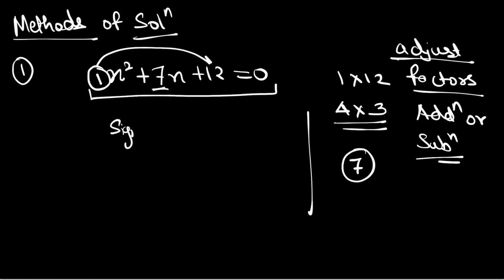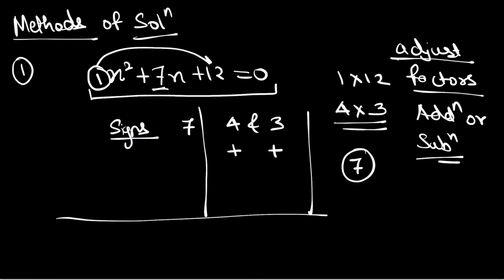So, for signs, let's say I have to get 7. I have 4 and 3. What are the signs that 4 and 3 will take? Both positive. Hence, the equation becomes x square plus 4x plus 3x plus 12 equal to 0. We factorize it. Now, what does factorize mean? It is taking common x or any number.